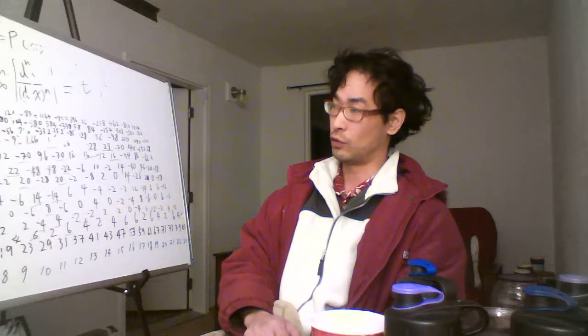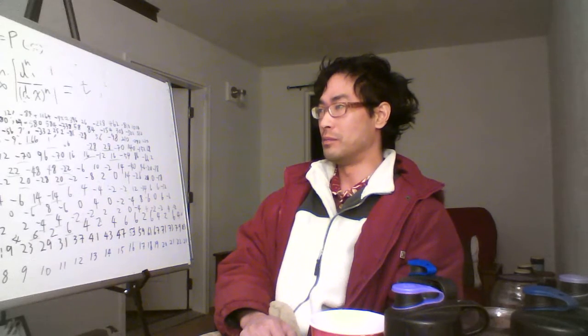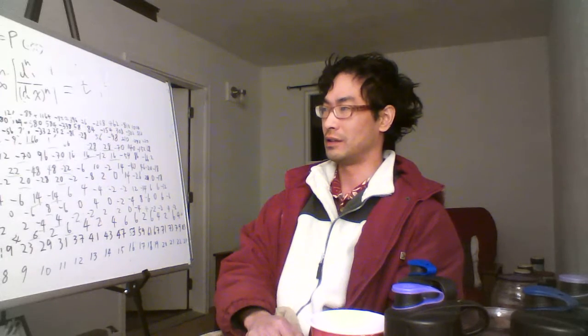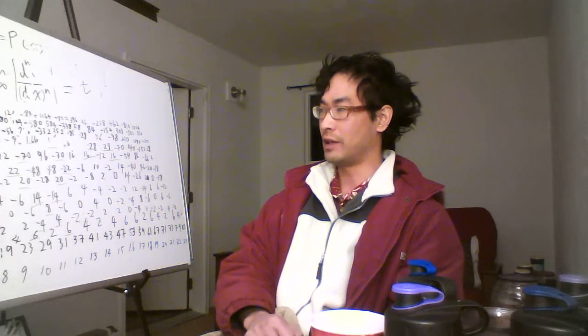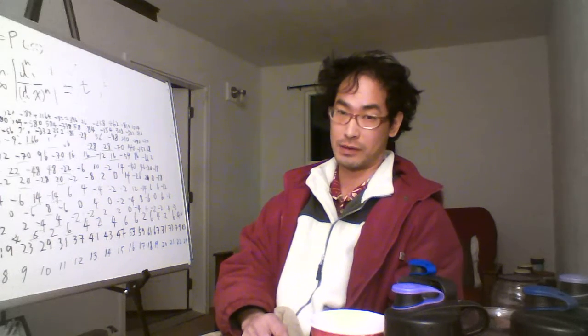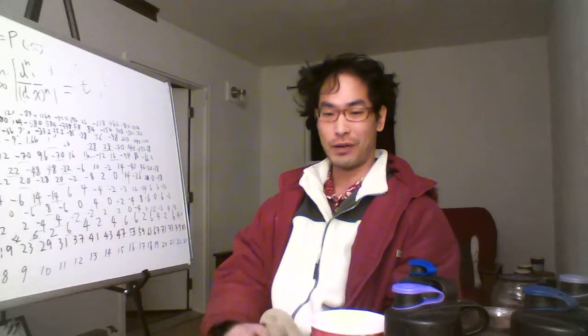That's what we're trying to prove. Monsieur Polignac's conjecture is the flip side of that. It states every even number can be expressed as the subtraction between two adjacent primes. And we kind of rediscovered that conjecture.